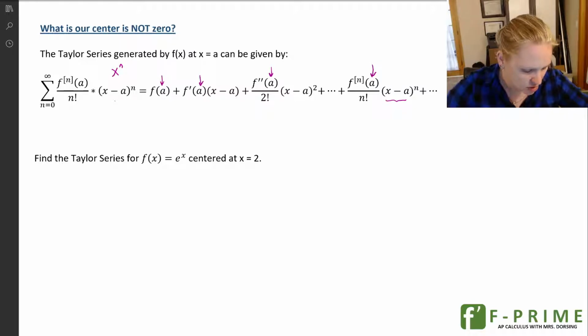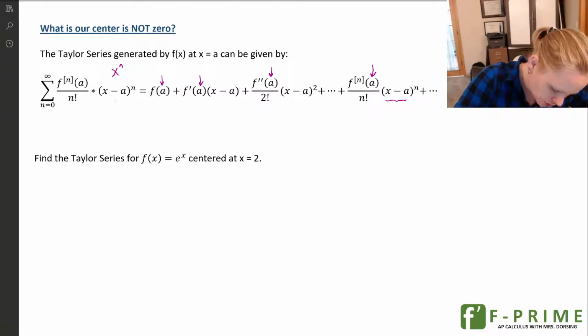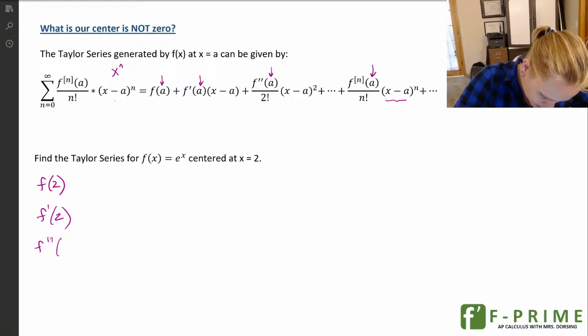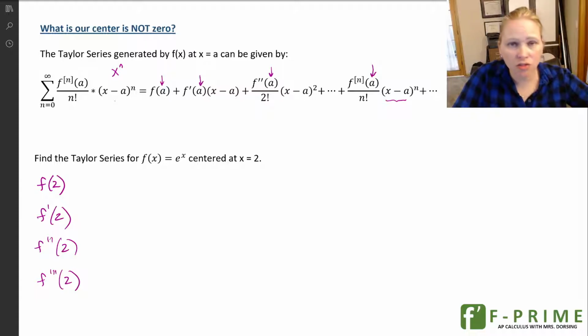The one difference is that instead of x to the n, we're always going to have x minus a to the n. So if we wanted to construct a Taylor series for f of x equals e to the x, centered at x equals 2, we would go about it the same way that we would constructing any other Taylor polynomial. We would need to know what f of 2 is. We'd need to know f prime of 2, f double prime of 2, f triple prime of 2, and so on and so forth.